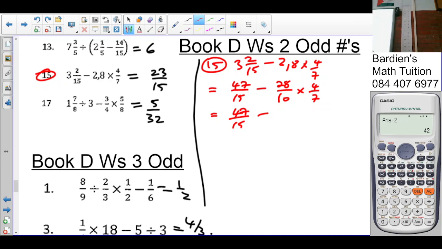Nice. 7 goes into 7 once, 7 going into 28 4 times. So 16 over 10, which is correct. But I would have simplified it further and said it's going to be 8 over 5. But okay, you got 16 over 10. Carry on.